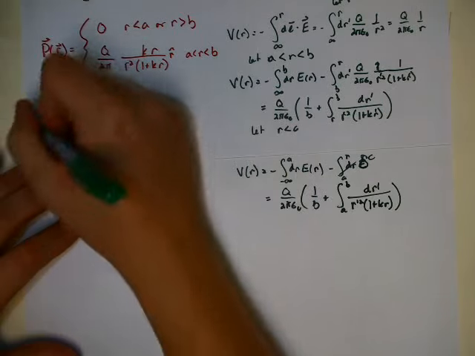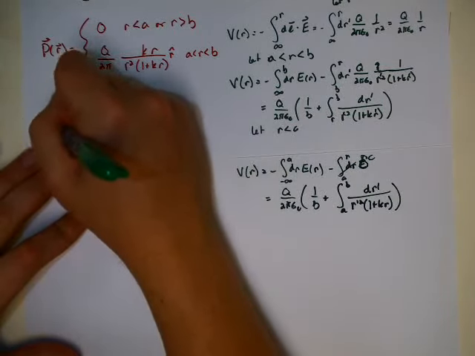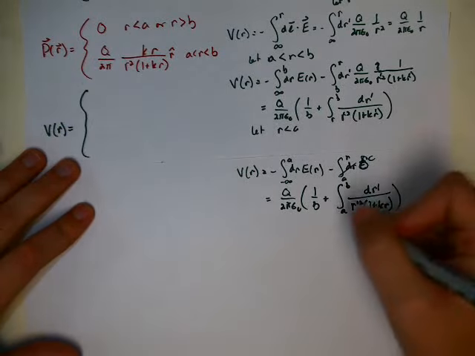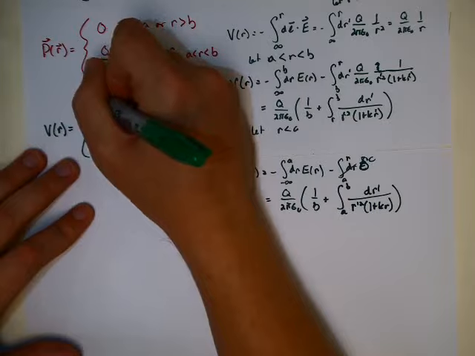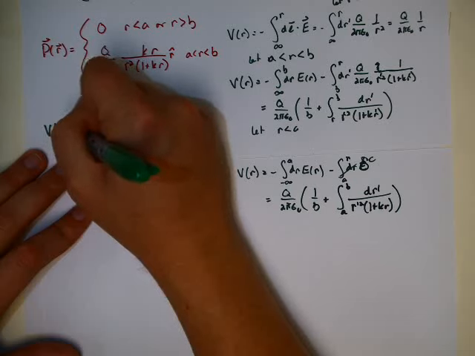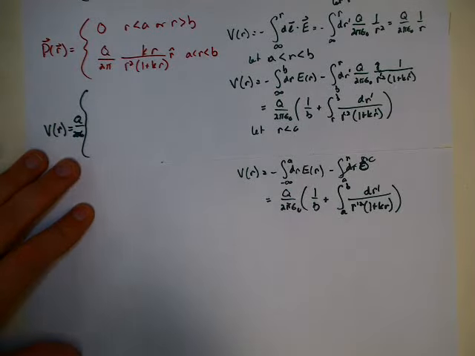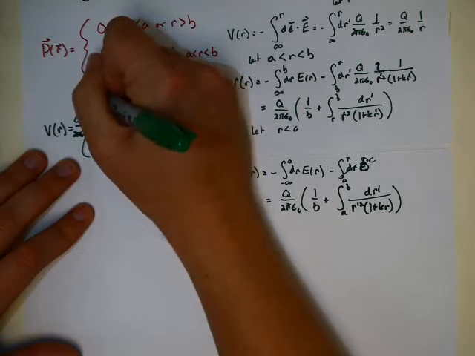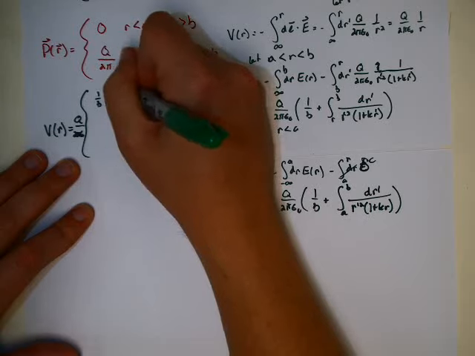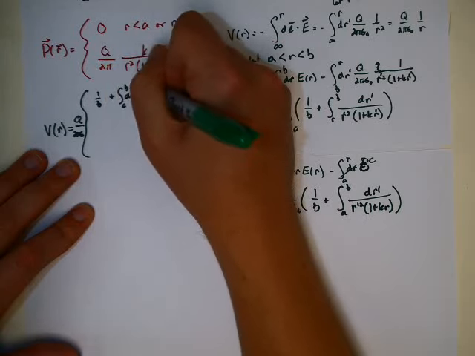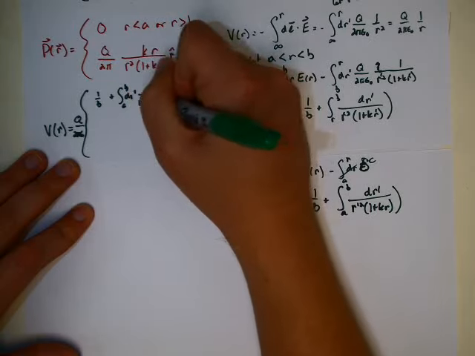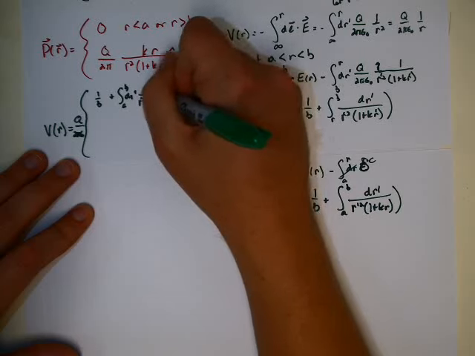So we can write this up. This is V as a function of r. It's going to equal 3 parts. First part is this. We're always going to have this q over 2 pi epsilon naught out front. And then we're going to get a 1 over b plus the integral from a to b, dr prime, 1 over r prime squared, 1 plus kr prime.